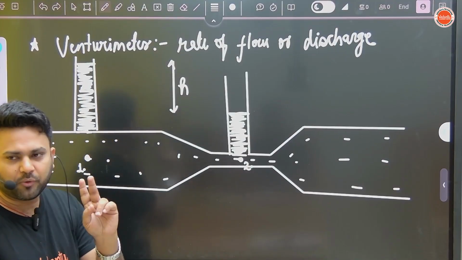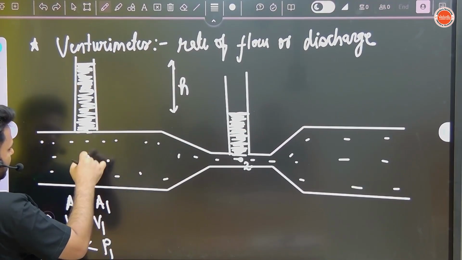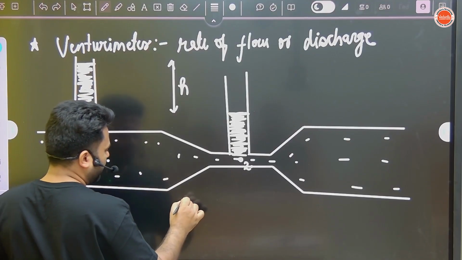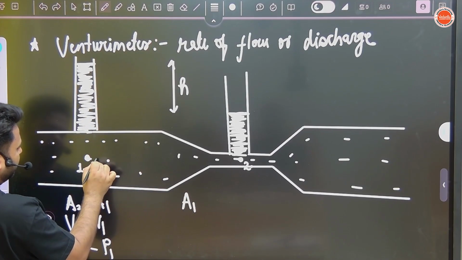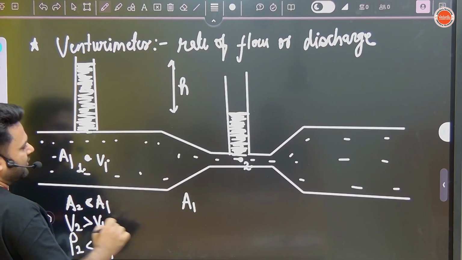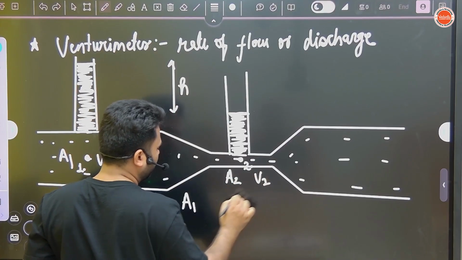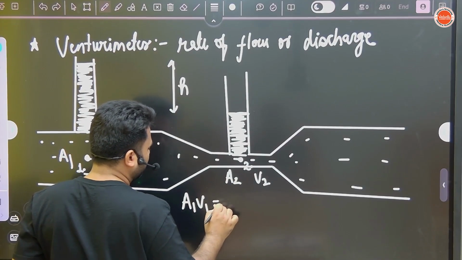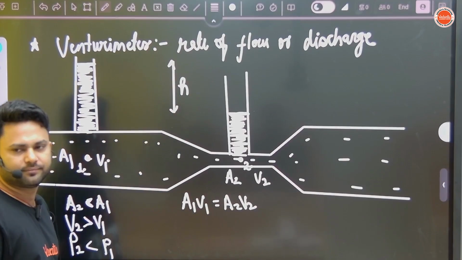Now remember 2 equations and your question will be solved. First, at section 1 the area is A1 and the velocity is V1, and at section 2 the area is A2 and the velocity is V2. So A1 V1 equals A2 V2, the equation of continuity.